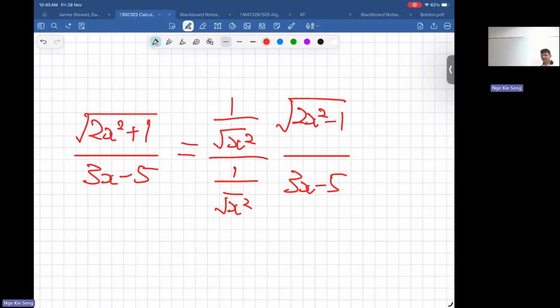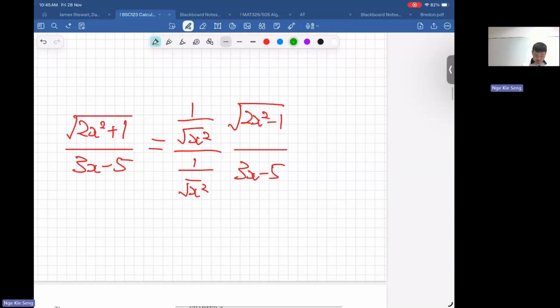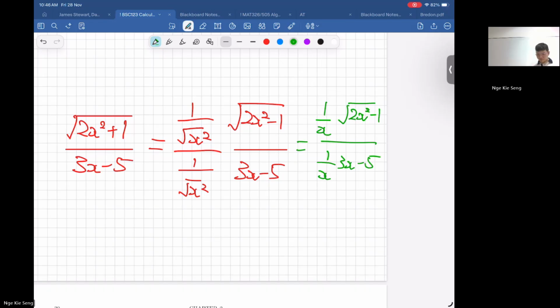Is this the real thing that we should do? Or just now, I think what I did was I just multiplied this. I think these two are quite different. Do you think these two are the same or different?